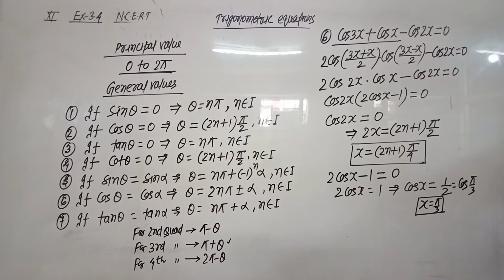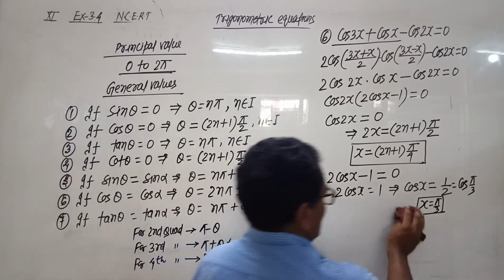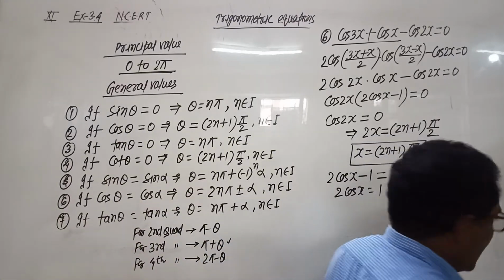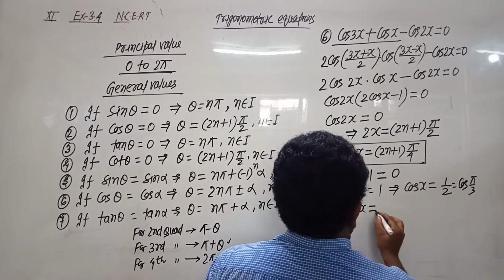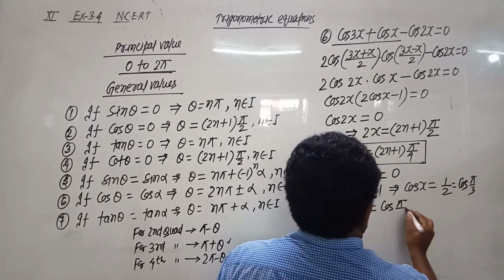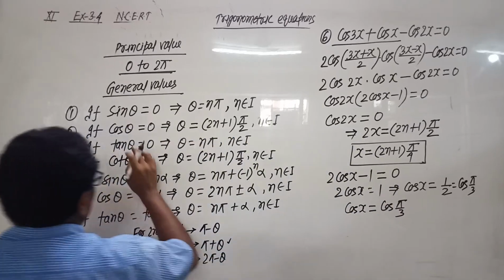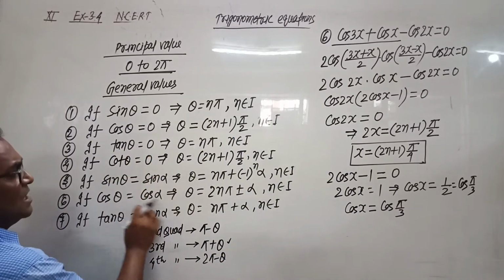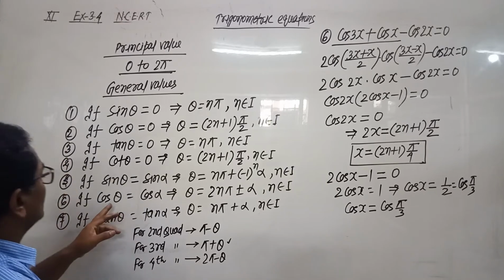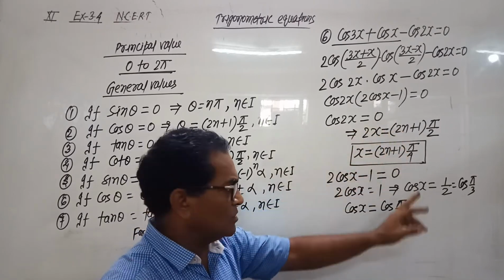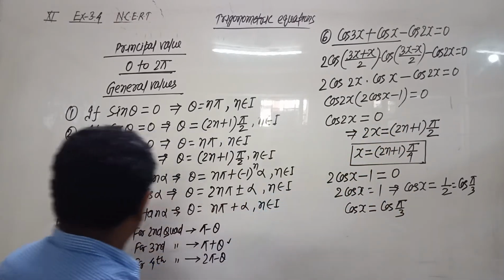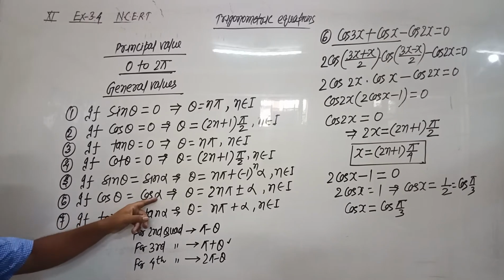Now we can write it in this way: cos x equals to cos pi by 3. The same formula will be used, cos theta equals to cos alpha. Here the earlier formula was cos theta equals to 0, but here we use formula number 6, cos theta equals to cos alpha.